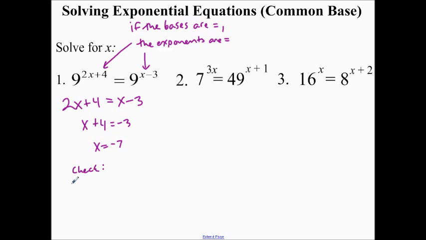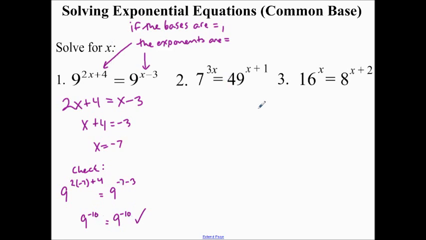So you'll have something like 9 to the 2 times negative 7 plus 4 power equals 9 to the negative 7 minus 3 power. And in both cases, you get 9 to the negative 10. That would be a pretty small number we could put in our calculator, but clearly if the numbers look exactly alike on both sides, they are equivalent.